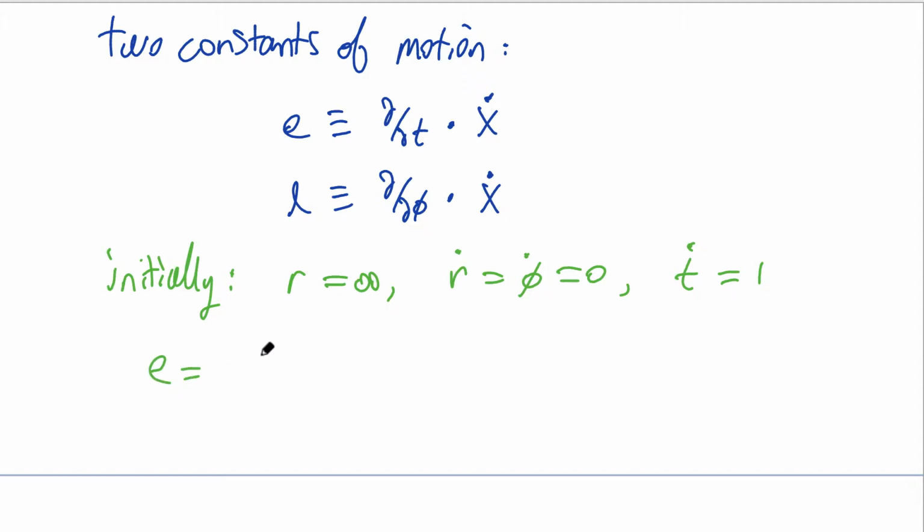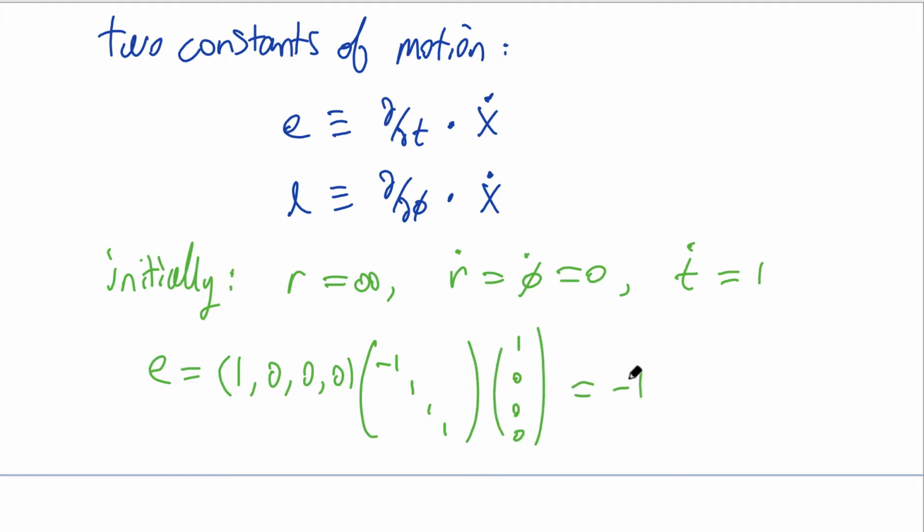First, for e, we have the inner product of d/dt, that's the vector with components 1, 0, 0, 0. And the inner product uses the metric, which at r equal infinity is just the Minkowski metric, minus 1, 1, 1, 1 down the diagonal. And then x dot initially is just 1, 0, 0, 0.